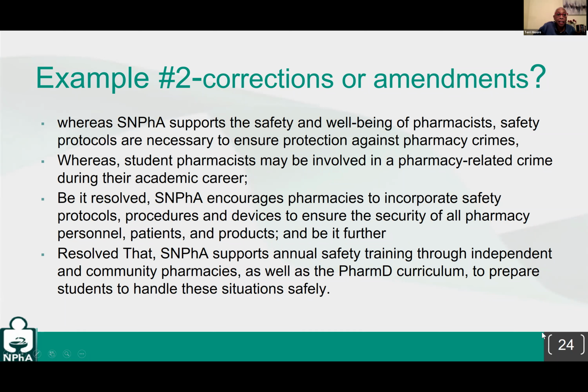So then the next bullet point, which is the next part of the preamble, Whereas student pharmacists may be involved in a pharmacy-related crime during their academic career. And that is the last clause of the preamble. So is there anything that we need to modify with that bullet?